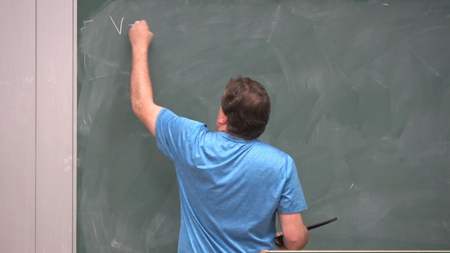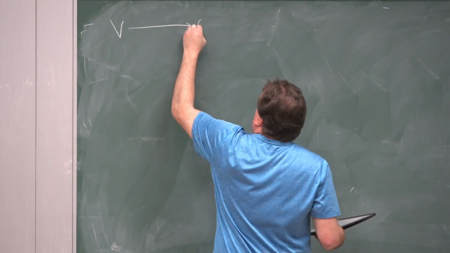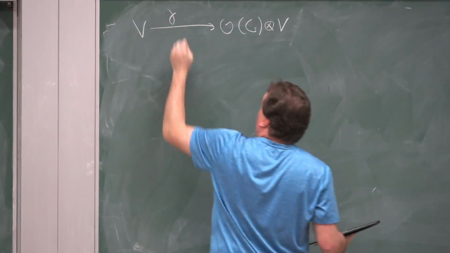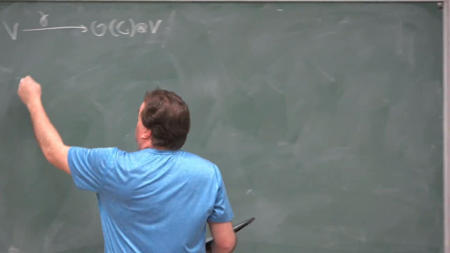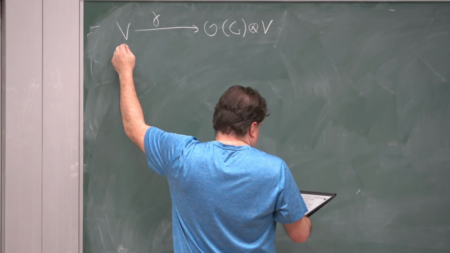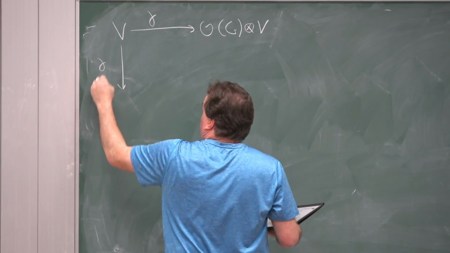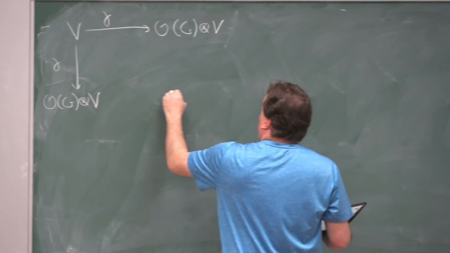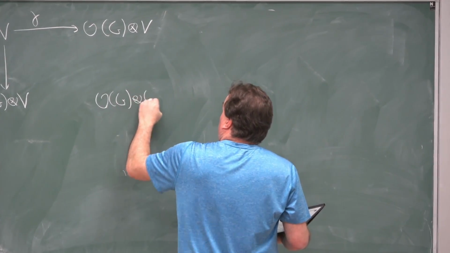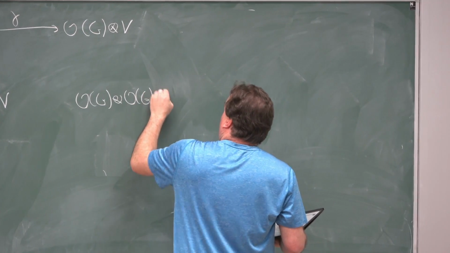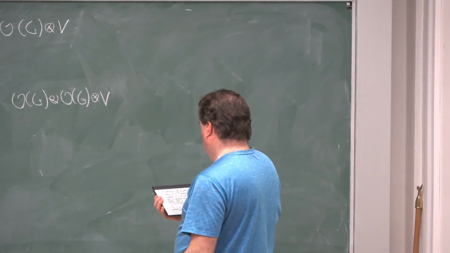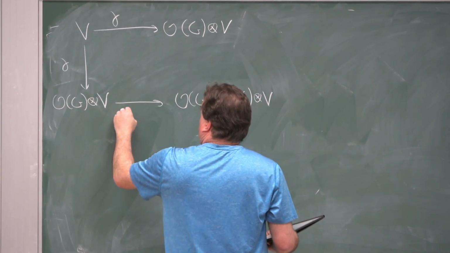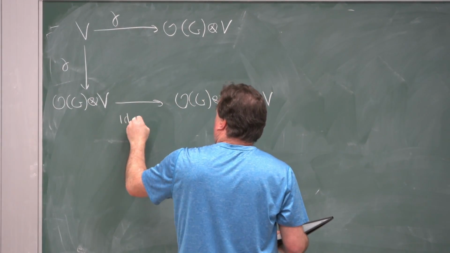So first, we need the following, and it's like a commuting diagram. So we have this map gamma, and here we also have gamma, and here we go to O(G) tensor V. So here we can take the identity on O(G) and then tensor it with gamma again.